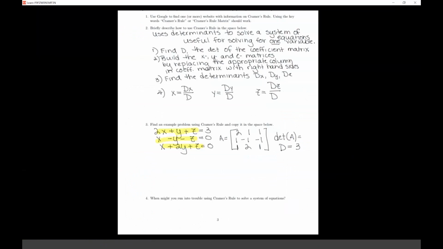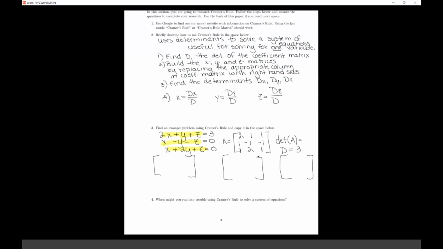Okay, then I'm going to build my X matrix. Okay, so here's my X matrix. I'm going to build a Y matrix and a Z matrix. Basically what I'm going to do is start with the coefficient matrix and replace the relevant column in there.